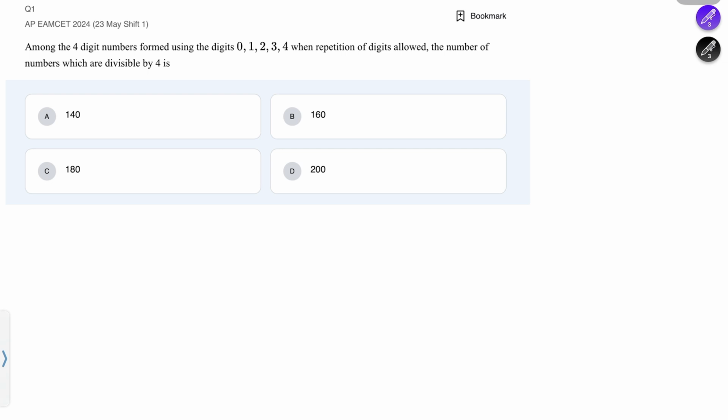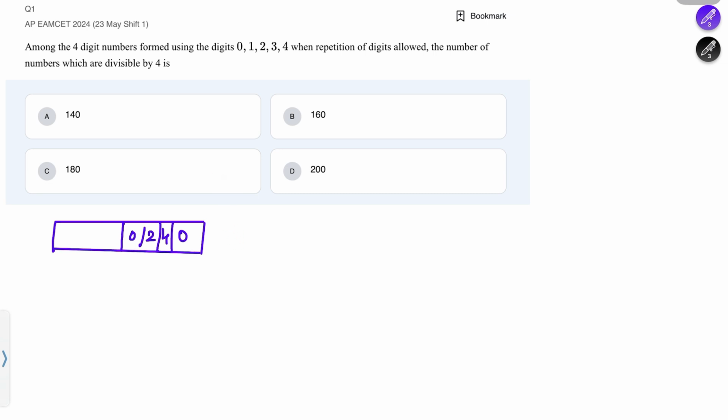So let's start firstly with 0. Suppose the four digit number is like this. First is the 0, right? And the next digit, how is it possible? 0 is possible as the next digit because repetition is allowed. 20 is divisible by 4, so that is also possible, and 30 is not possible, and 10 is not divisible, and 30 is not divisible, right?